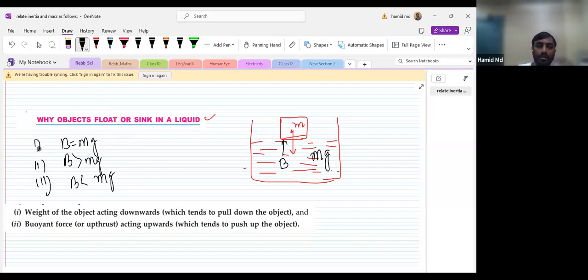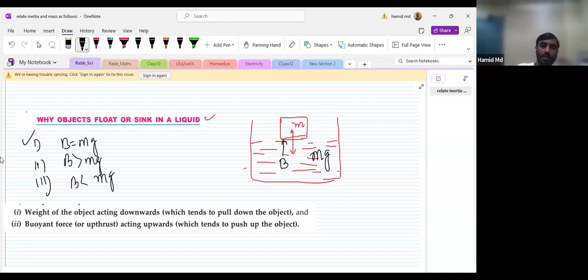Here B will be equal to mg, so the object will float. What about the other situation? Second one, it will sink. B is greater than mg. No, it will float. What about the third one? That will sink.